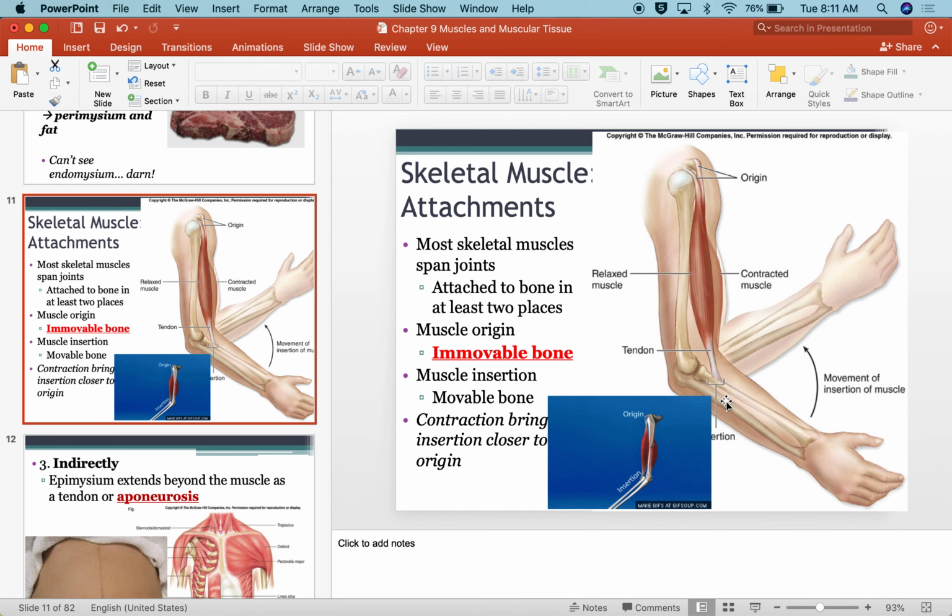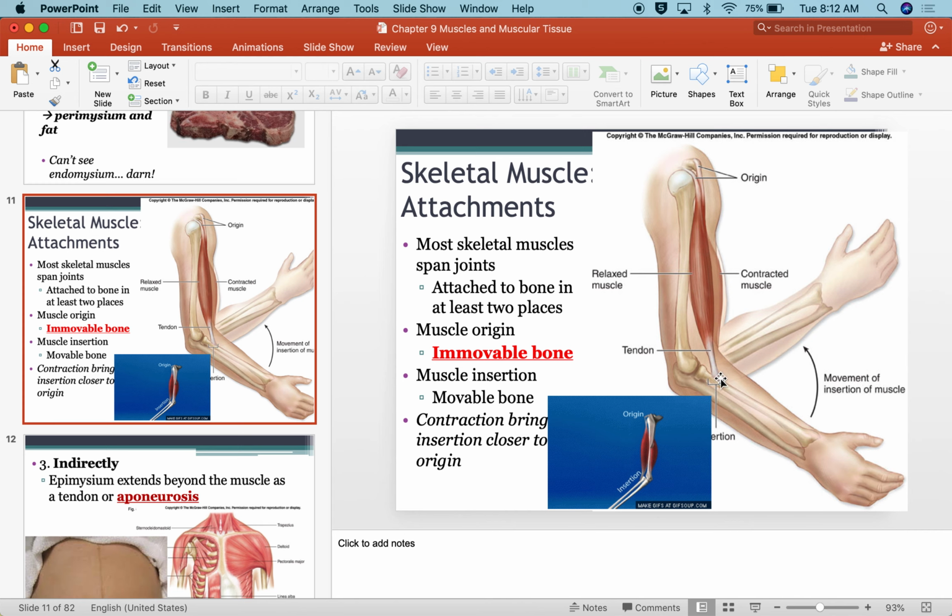So we will see attachments of the muscles to the bone in two places. One place is the origin, and that's the immovable end, so kind of the anchor point. And then we also have our insertion point, which will be the movable end. So a contraction should bring the insertion closer to the origin.